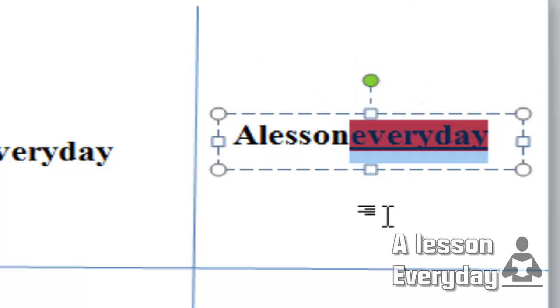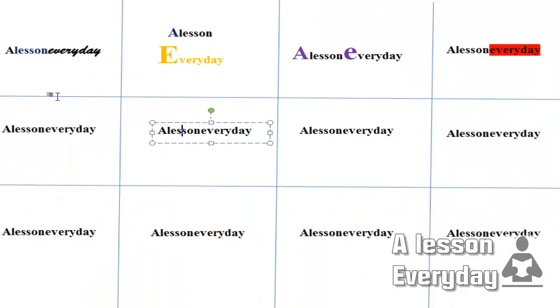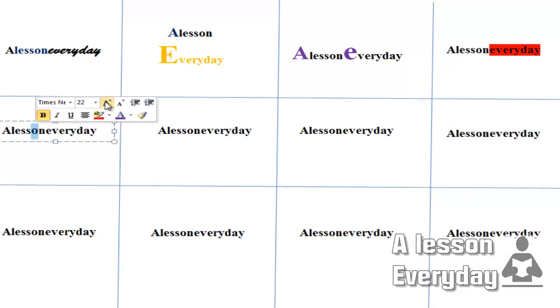Okay, and then you can get rid of the line, of course. And then we can move to the next. You can make this one big, this one bigger. Of course, you play with the size.